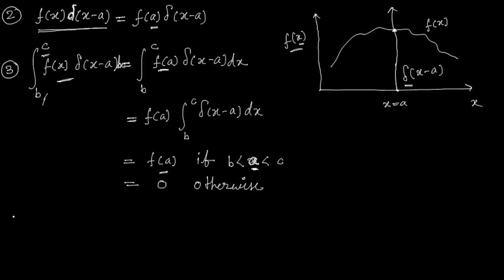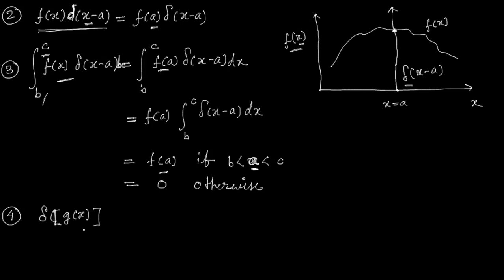And then the fourth property is, sometimes the Dirac delta itself is a function of a function. Usually it's a function of the variable x, but sometimes the Dirac delta is written as delta of g of x, where g of x is some function of x.